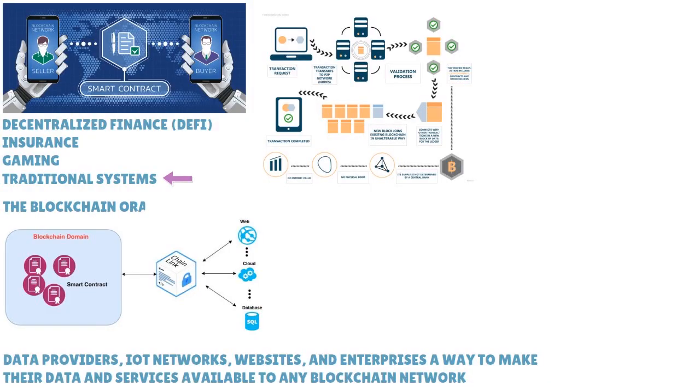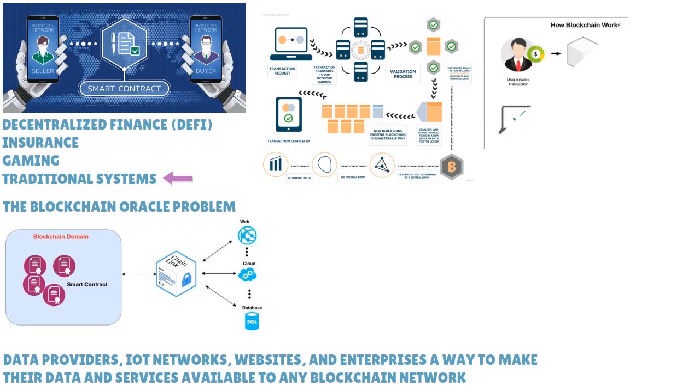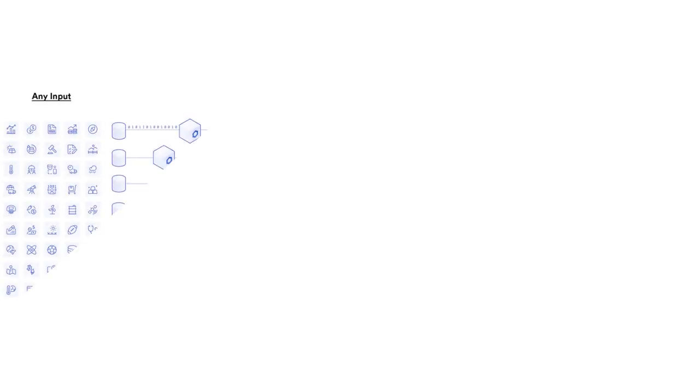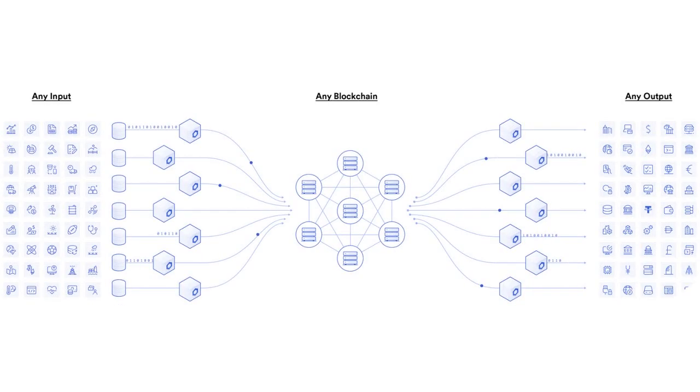So let's talk about the blockchain Oracle problem. This is an important problem across the industry. The blockchain Oracle problem refers to the inability of blockchains to access external data, making them isolated networks, kind of similar to a computer with no internet connection. Bridging the connection between the blockchain on chain and the outside world off chain requires an additional piece of infrastructure, an Oracle.